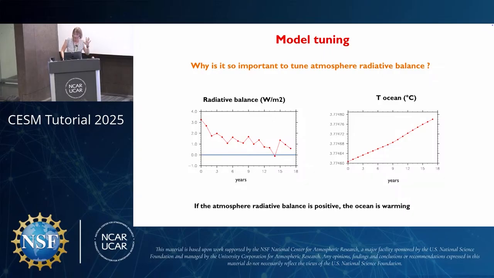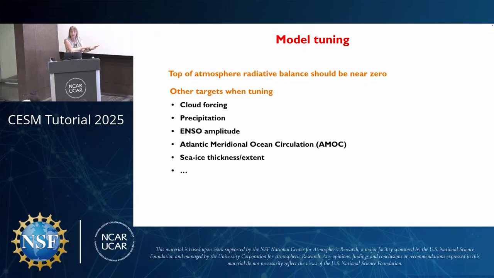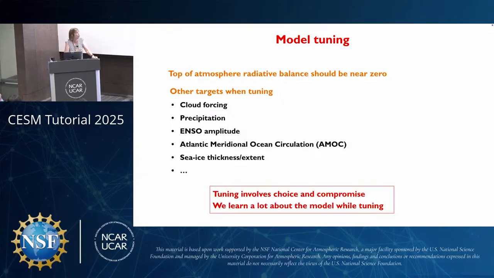And this is one thing that we are tuning, but there are also a lot of other targets. We look at the cloud forcing, the precipitation, the ENSO amplitude, the AMOC, the sea ice thickness and extent, and a lot of other things. What you should know is that it's always impossible to have everything right.